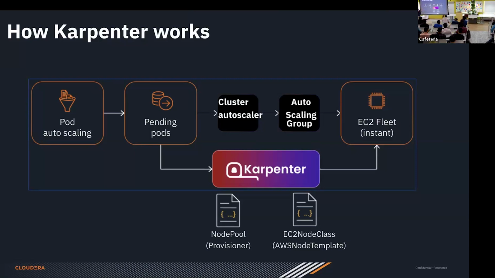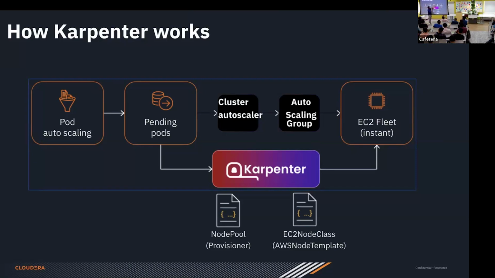If I'm using cluster autoscaler, I will use Terraform, create a node group, manage the Terraform, do tagging, and configure the node group with cluster autoscaler. Then the GPU-based workload will be scheduled on the node. It will do all sorts of things. But with Karpenter, pending pods will directly contact Kube Scheduler, and that will contact Karpenter, and it will directly talk to the EC2 API.